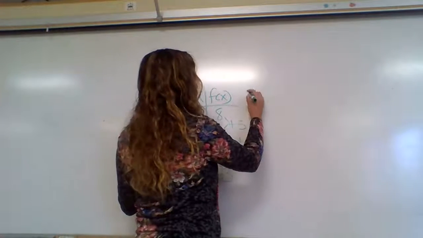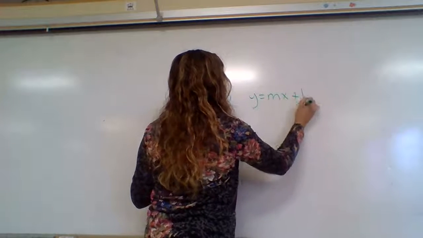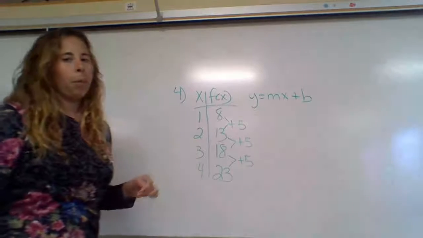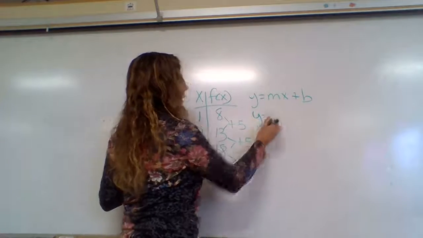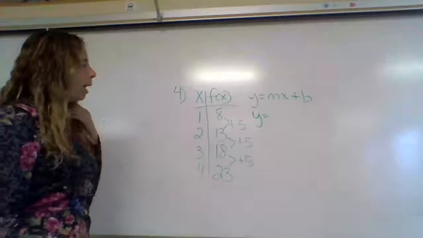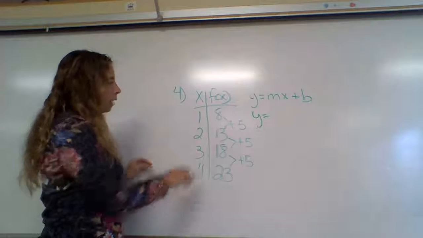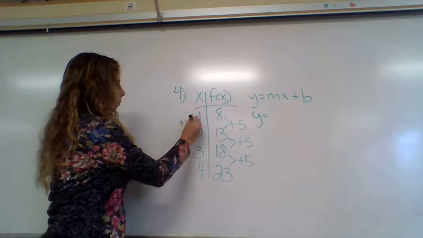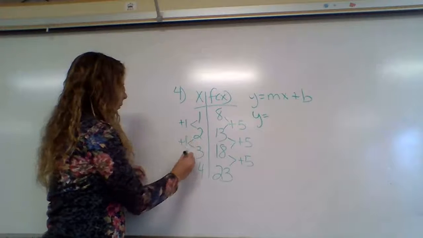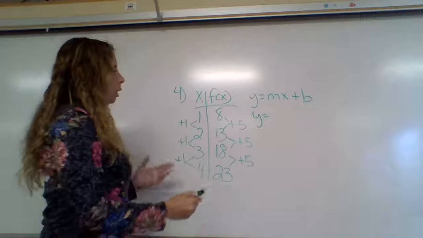So linear should bring this into your brain. All right, slope-intercept form. Y equals mx plus b. Where m is the slope. So the slope is change in y over change in x. So that your change in y is 5. Your change in x is just 1. Okay. 5 over 1, which is just 5.